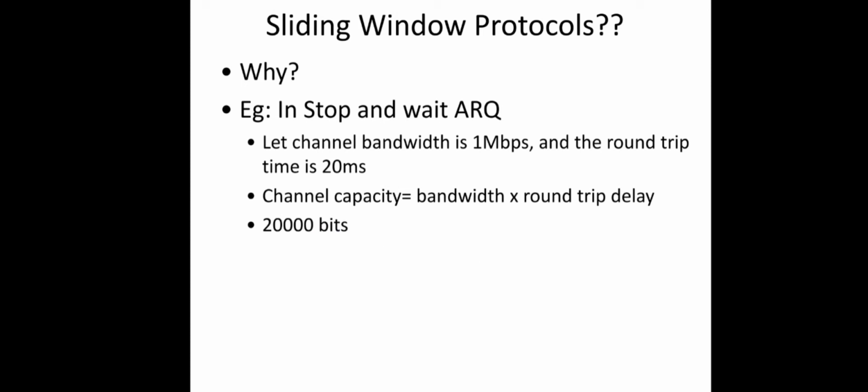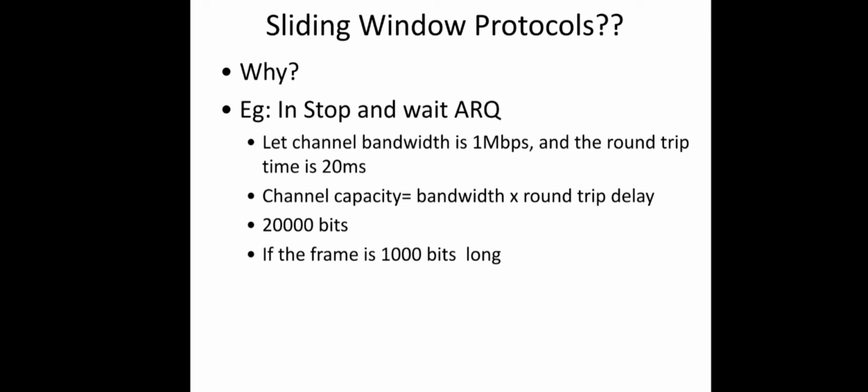But usually the frame length will be short. Just for example, 1000 bits may be the size of a frame. Only that much information is actually transferred between these two machines in this 20 milliseconds if you are using stop and wait ARQ, right? Only after this 20 milliseconds can it send the second frame.